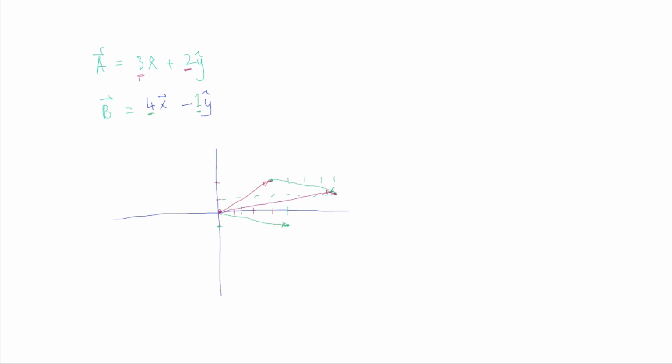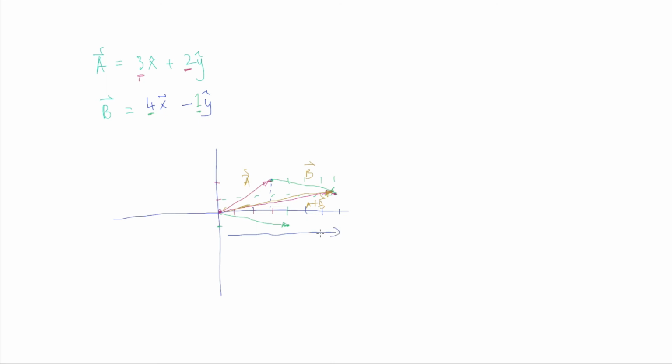Let me use a different color here. So the resultant is that. Right, so I have A here, B here, and A plus B here. Now let's count what the Cartesian representation of A plus B is. I've gone 1, 2, 3 up to here, and then 4, 5, 6, 7 up to there.